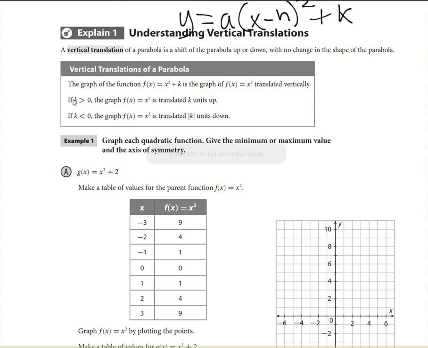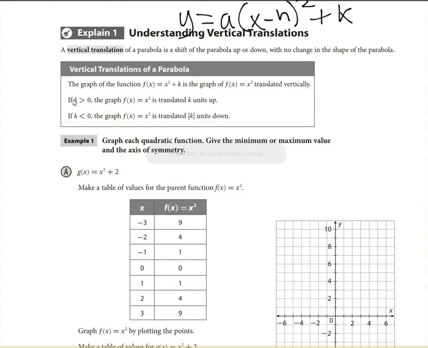All right, so we talked about a yesterday. a is going to make the graph narrower or wider, or cause the parabola to open downwards. So if a is negative, the parabola will open downwards. If a is between 0 and 1, the graph will get wider when compared to the parent function, and when it's greater than 1, it'll get narrower.